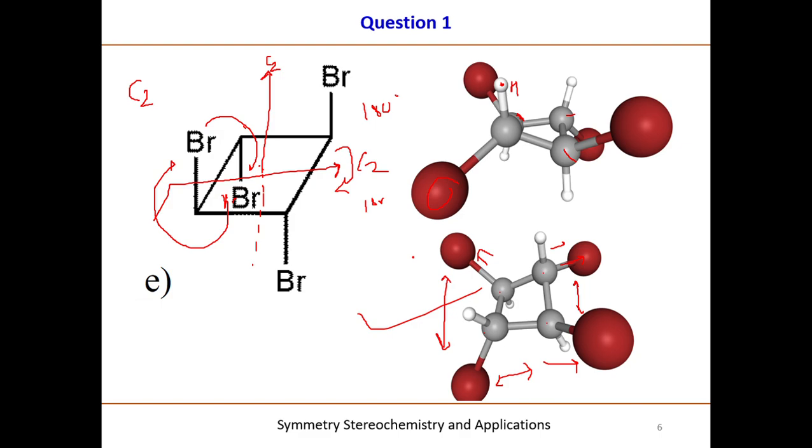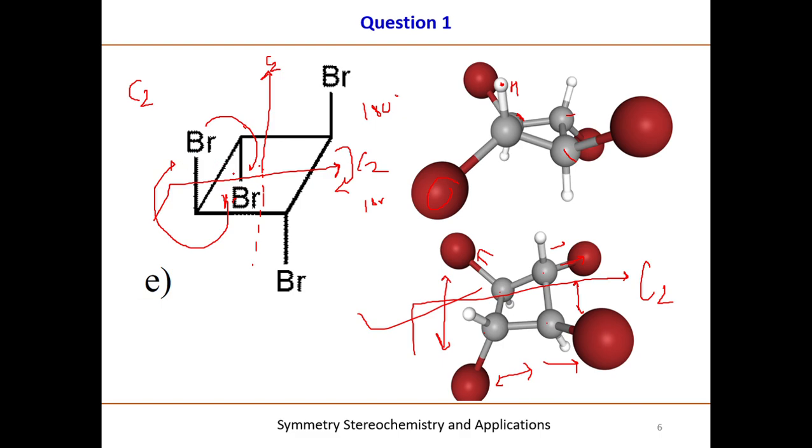You can rotate in an imaginary way, you can see it in the 3D plane also. If I pass the C2 axis here, this bromine will go down and this one will come upside. Same here also. So it will give an indistinguishable image from the original one.